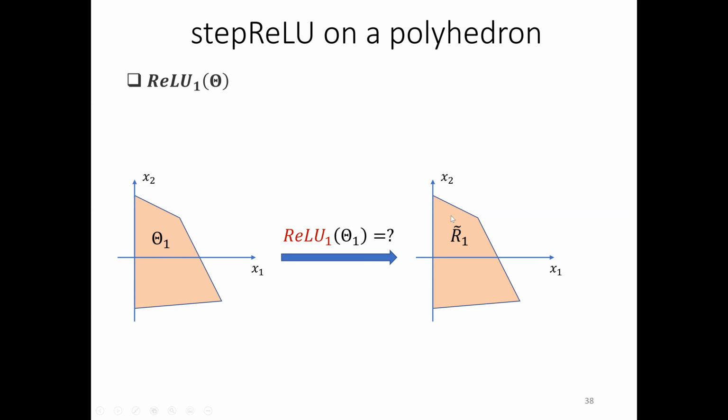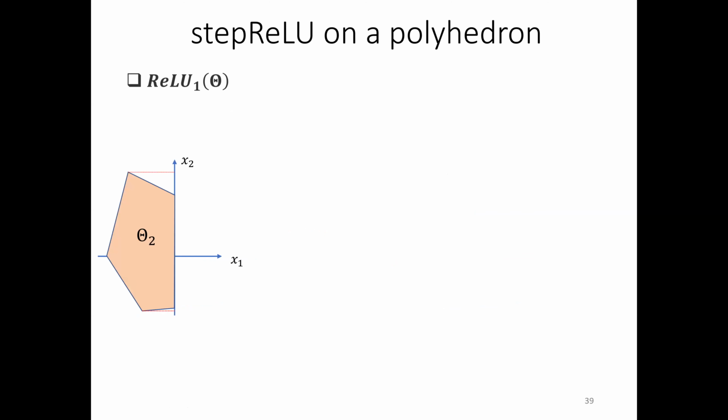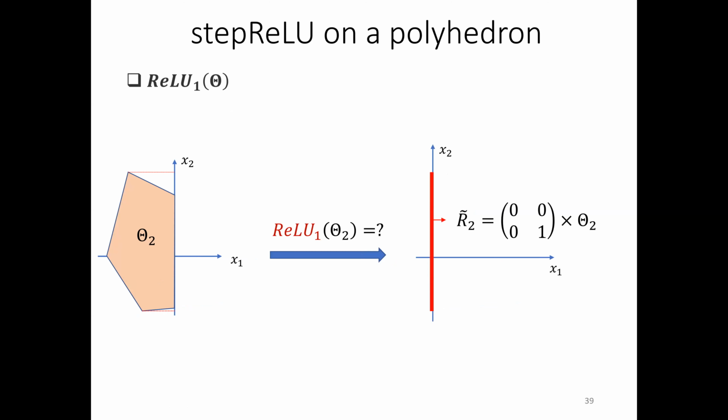So here you have R1, which I call the intermediate reachable set. You only apply the ReLU activation function on x1. Now if I apply it for the second case where x1 is smaller than 0, what do we get? We get x1 equal to 0, which is a zero projection for x1.